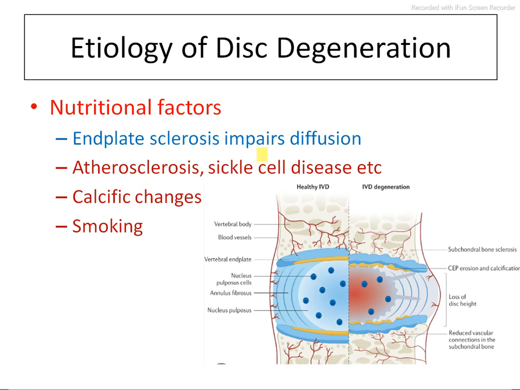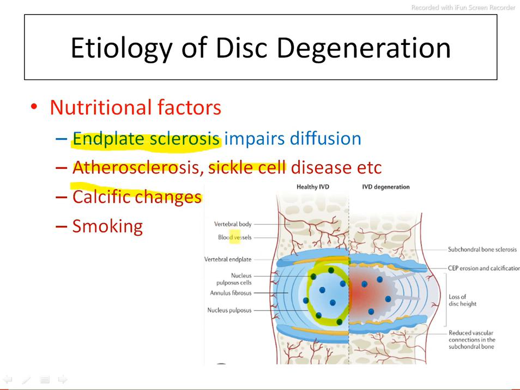Nutritional factors, as I have been discussing again and again. End-plate sclerosis can take place in the aging process, and because of this it impairs diffusion. Different conditions like atherosclerosis and sickle cell disease can also lead to a nutritional defect to the nucleus pulposus.